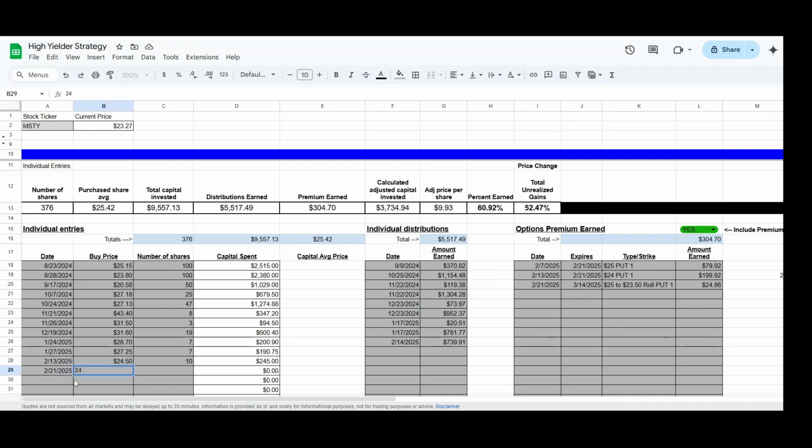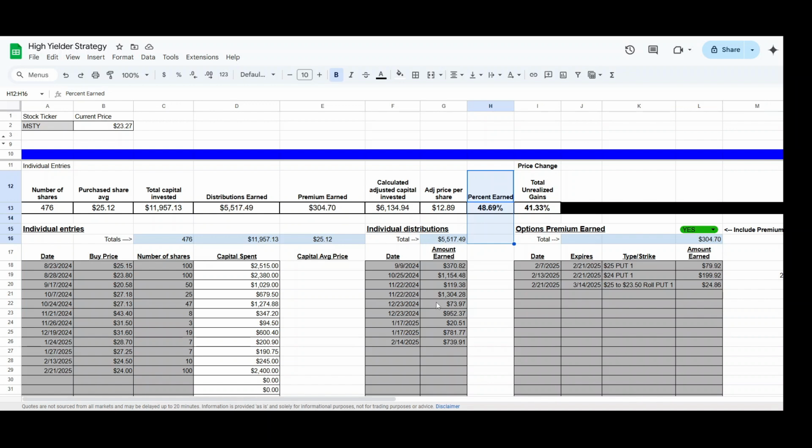So $24 is my buy price because that's the put contract that I had, and that will get me 100 shares. So that's a total of $2,400 here of the capital spent, and that did lower my percentage earned, and that's just simply because now I have more shares and I have not earned a distribution off of those shares yet.